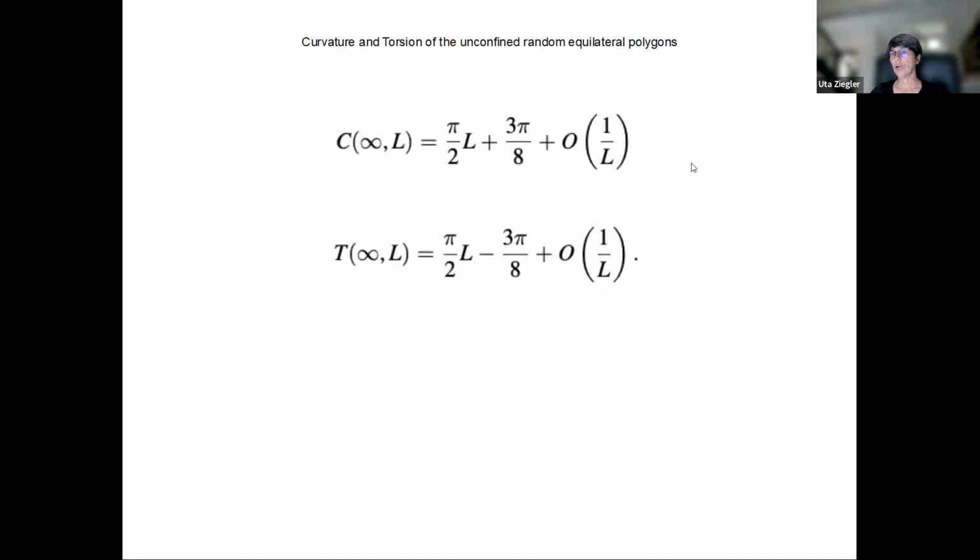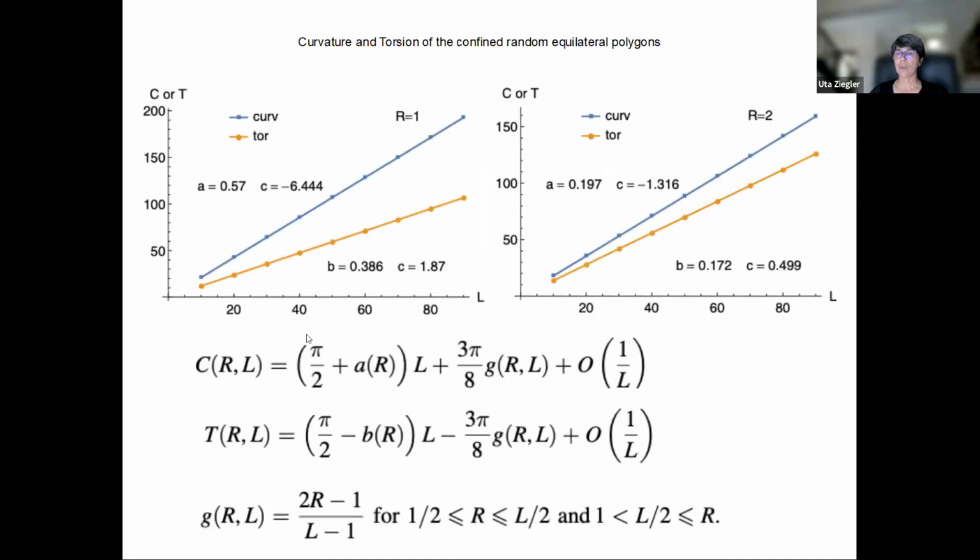This is curvature. Krosberg came up with curvature for an unconfined polygon, which is basically pi over 2 times the length, plus a factor for making it a polygon as opposed to a walk. When we fit this with our data, we realized that we have this pi over 2, but then depending on the radius, we add a separate factor.